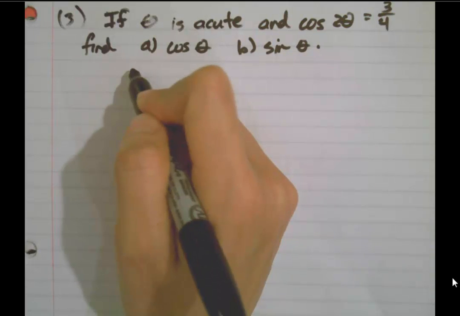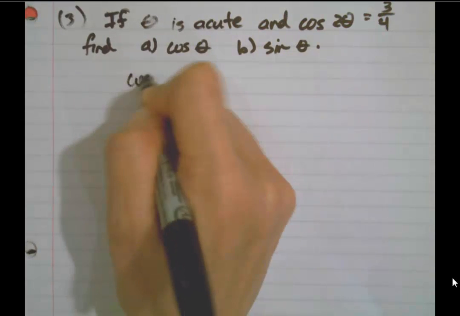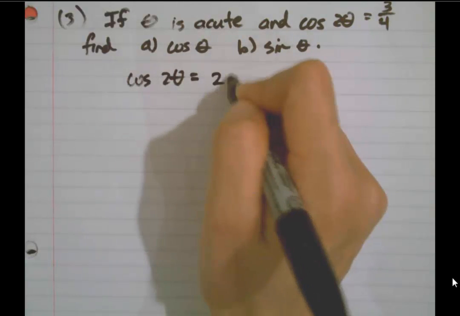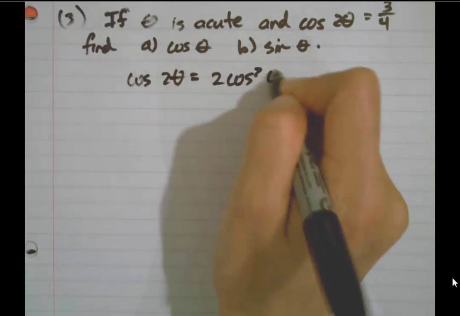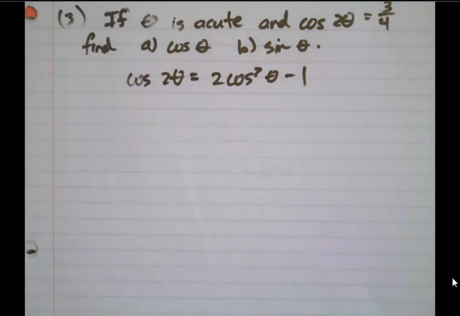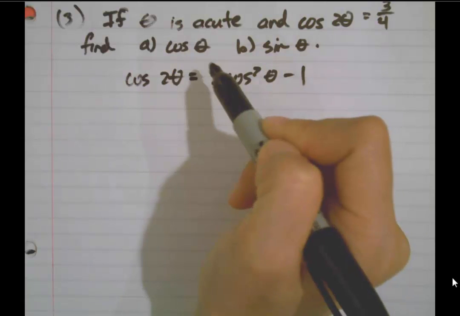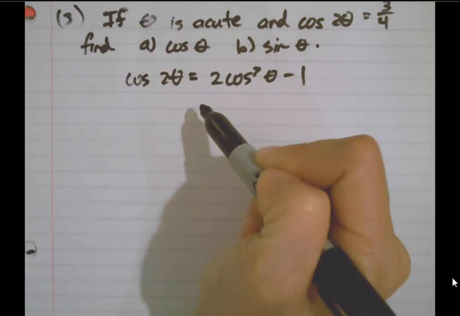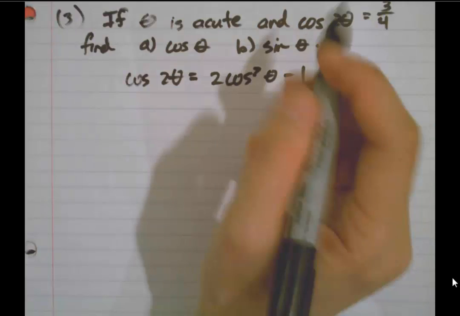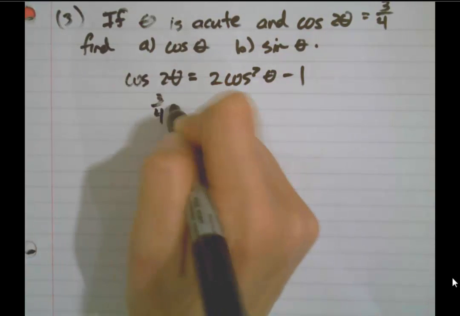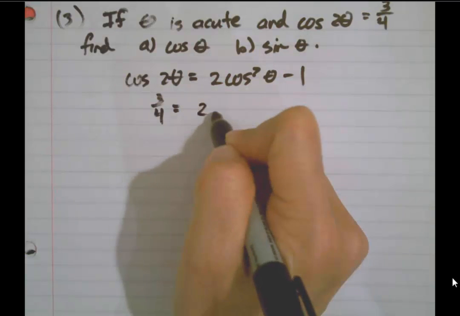So I'm going to go ahead and write down cosine 2 theta equals 2 cosine squared theta minus 1. In this case, we're given cosine 2 theta and we want to find cosine theta. So this is a formula that would make sense to use. So cosine 2 theta here is 3/4, and we're going to just solve this equation.